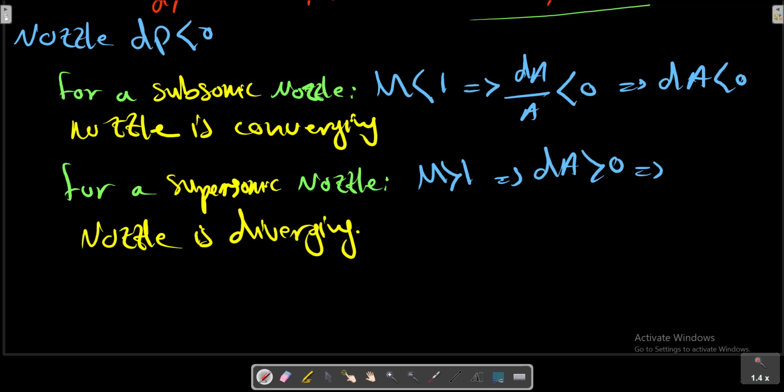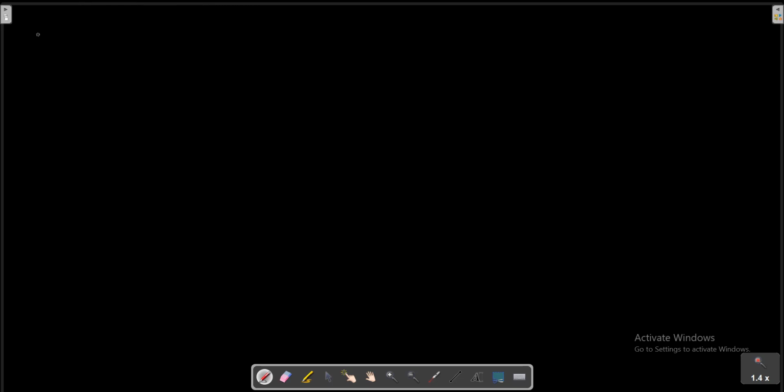When M, consider this equation again, dA on A equals dP on rho V square.